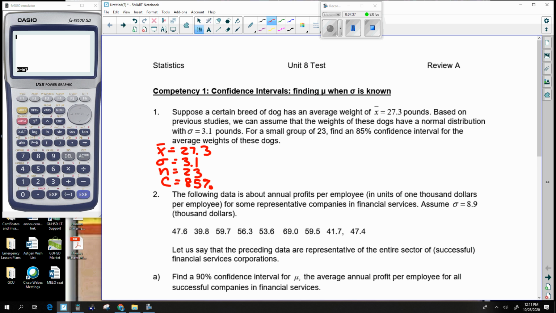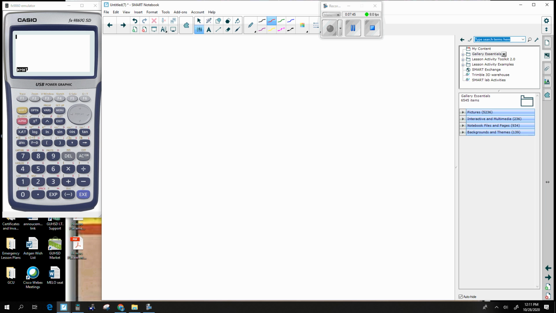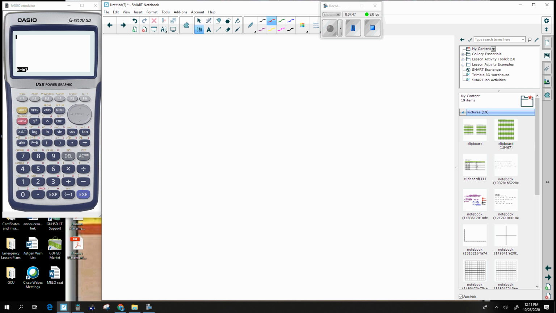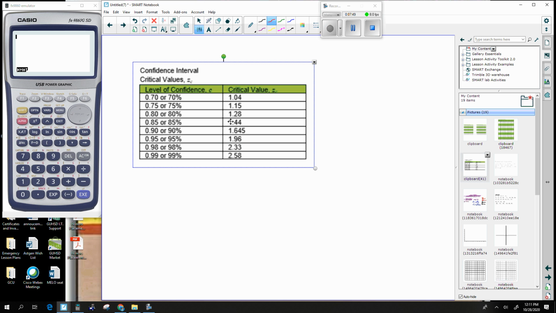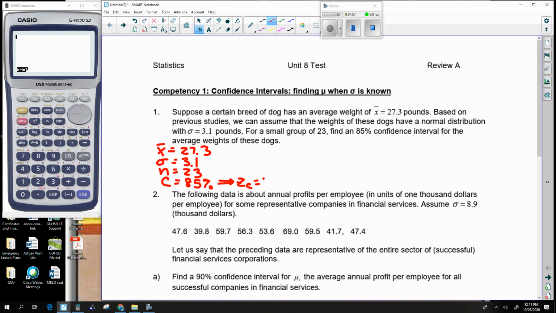Because I know where this is headed, this confidence is going to tell me my ZC. You've got to go to that Z table and take a look at that little box, and 85% is 1.44. So I have that right there.